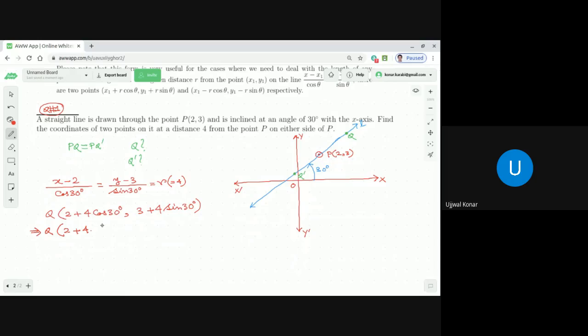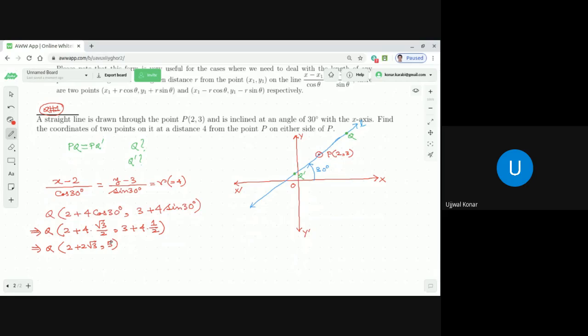Cos 30 is equal to root 3 by 2 and sine 30 is equal to 1 by 2. So from here we get the coordinate of the point Q as (2 plus 2 root 3, 3 plus 2), that is (2 plus 2 root 3, 5).